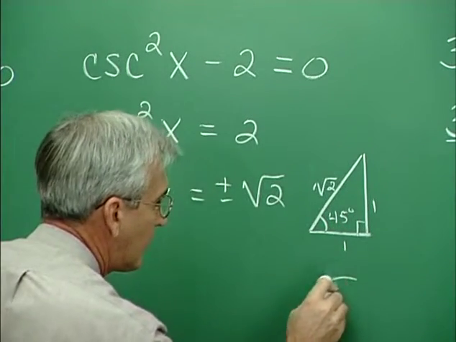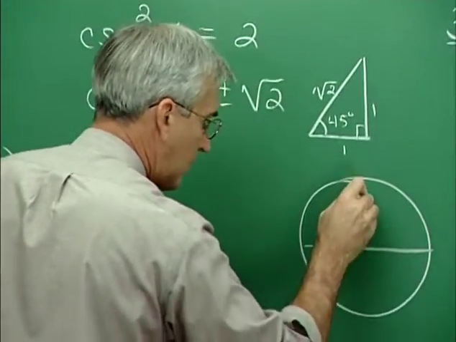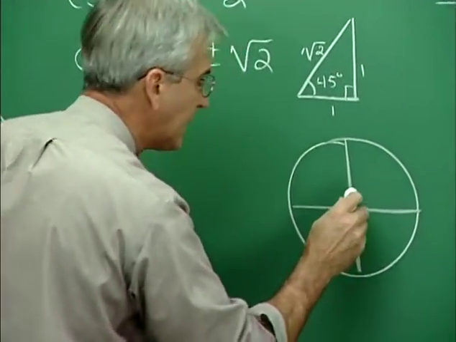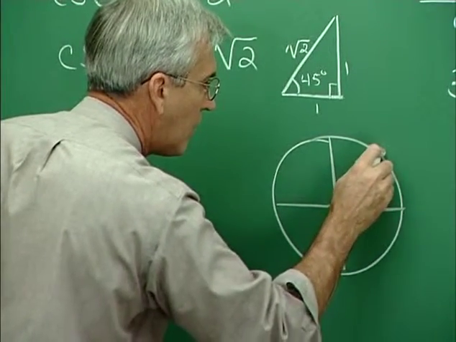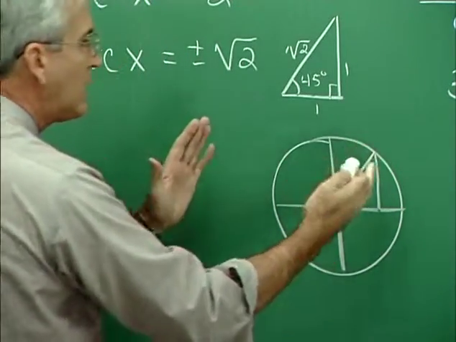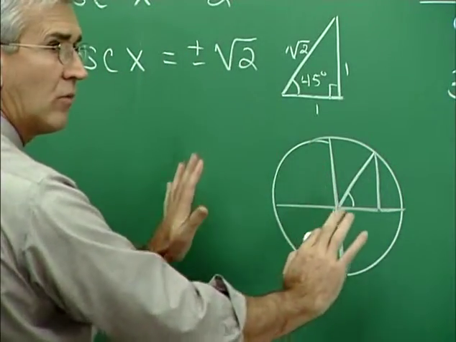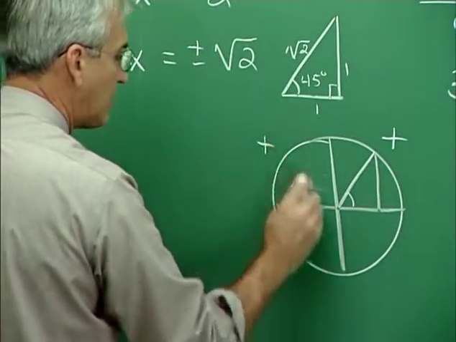And then we imagine this in the unit circle idea, and it's a 45-degree angle in this quadrant. But now cosecant, it doesn't make any difference about the sine pattern here so much. I mean, we could say cosecant goes with sine and it's plus, plus, minus, minus.